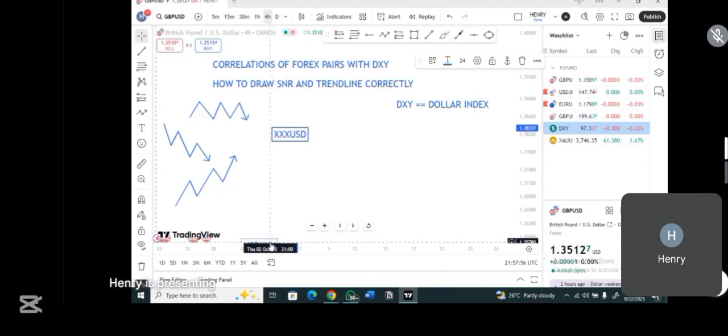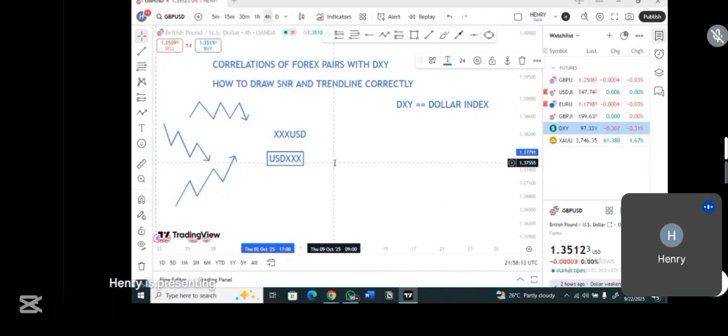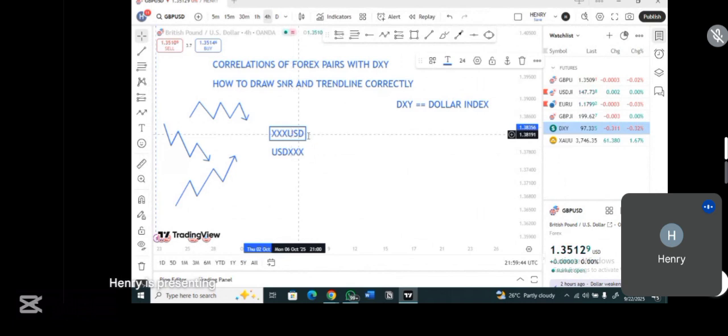Now the second one, USD XXX: any pair where USD comes first, meaning USD is the base currency, followed by another currency. You can mention USD JPY, USD CAD, USD CHF. So now you understand the two: XXX USD and USD XXX.